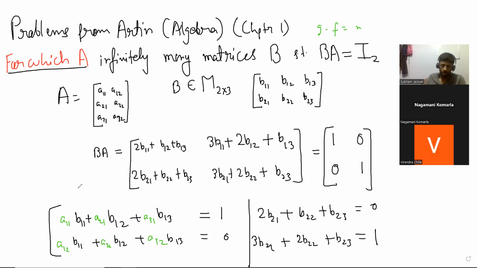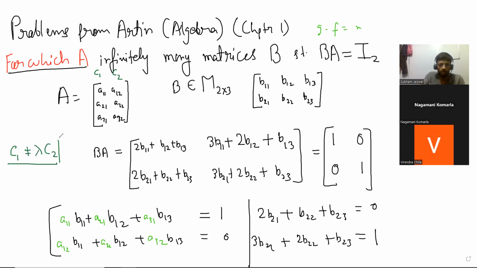So you are just saying that C1 is not equal to lambda times C2.